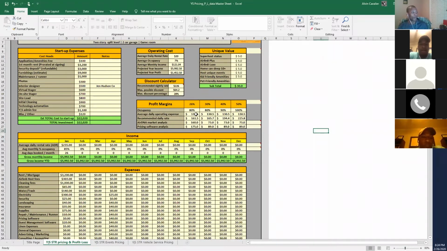And why that's important, again, let's just say you've booked half of a month at a 40% profit margin, and you've met your monthly expenses.